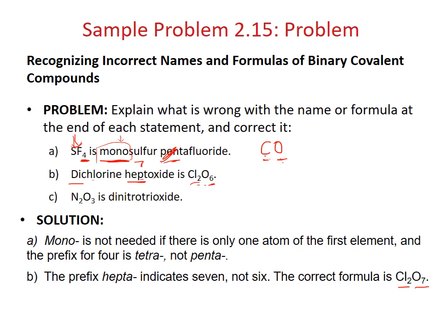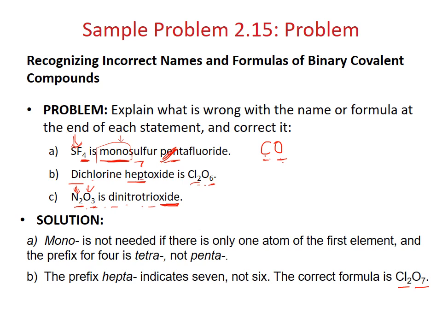Next one, N2O3 is dinitro trioxide. Okay, so here is di, here is tri, so the prefixes are correct. And for the first atom, you should name it the same name as the element itself. The second one you change to IDE, but the first one you should keep the name.